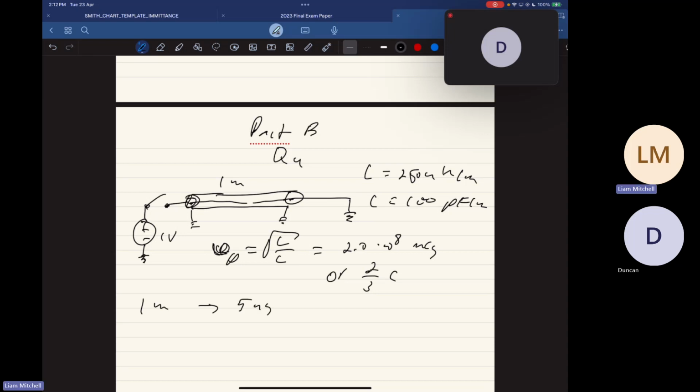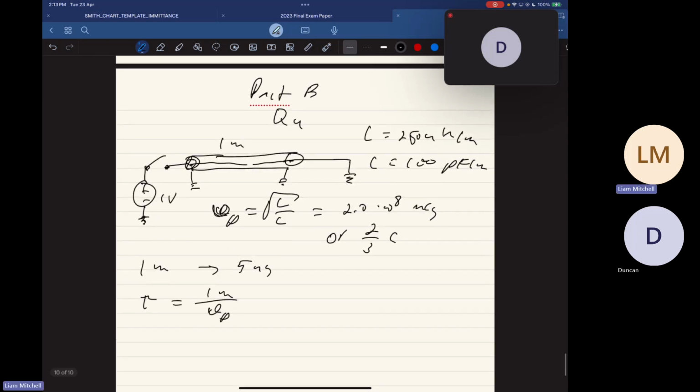To find this, tau is 1 meter over VP, which is 1 over 2, yeah, it's 5. Correct.